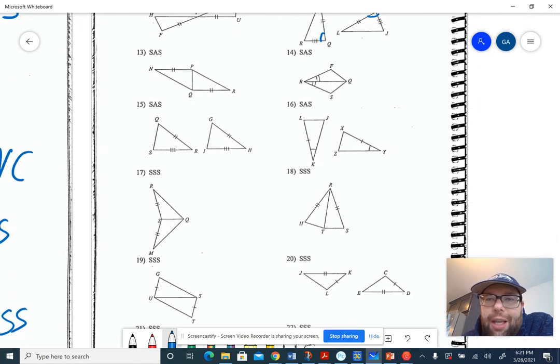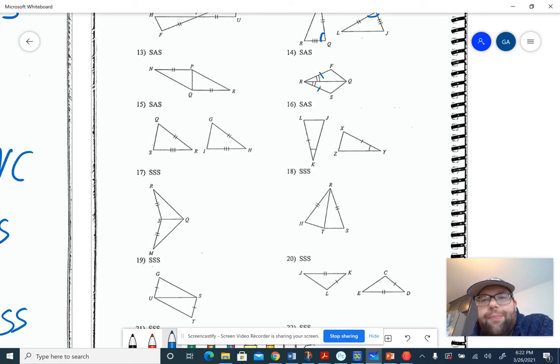Again, another side, angle, side. I've got the angle. I've got a shared side. So I need the side that would be opposite the angle here, right? So if this is the shared side, and this is the angle, then this side would need to be congruent to this side, right? Has to be side, angle, side.